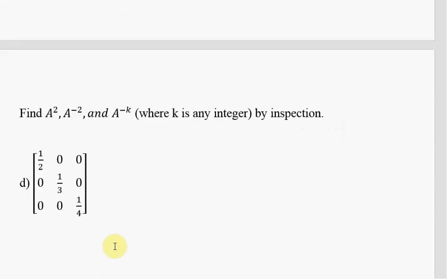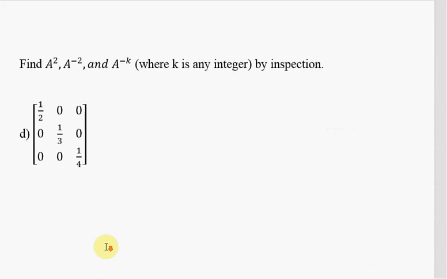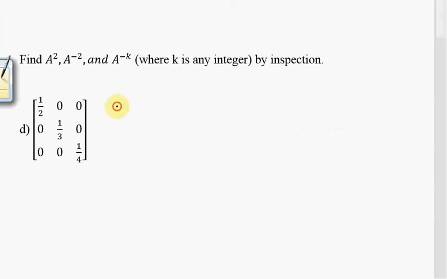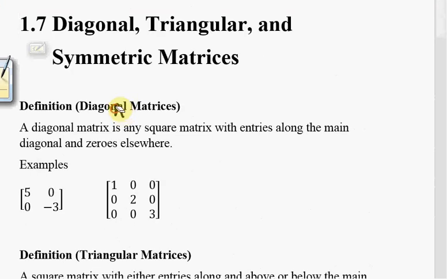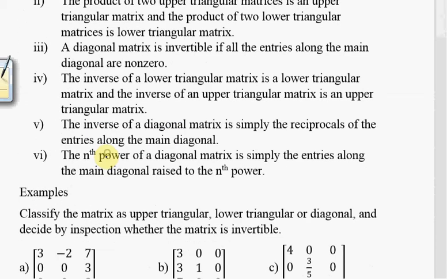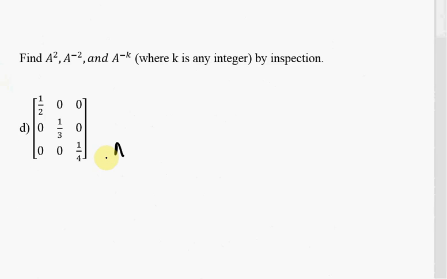Now look at this example. Find the inverse of A squared, and then find the inverse of A to the k. So this matrix is diagonal. If it's diagonal, it's very easy to deal with the properties that we're given.